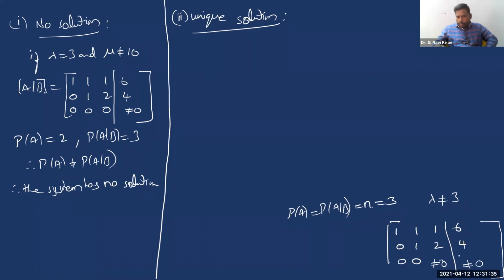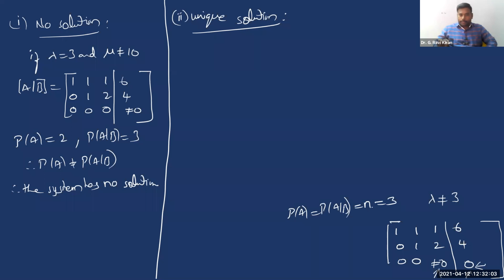When you consider the total matrix, the number of non-zero rows is 3, so the rank is 3. Fine. What if mu is equal to 10? If mu is equal to 10, here we'll get a 0. How many non-zero rows are there then? Because here you have a non-zero element, even if this is 0, the number of non-zero rows remains the same.